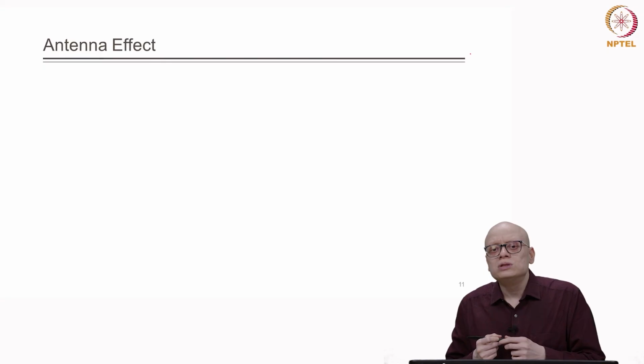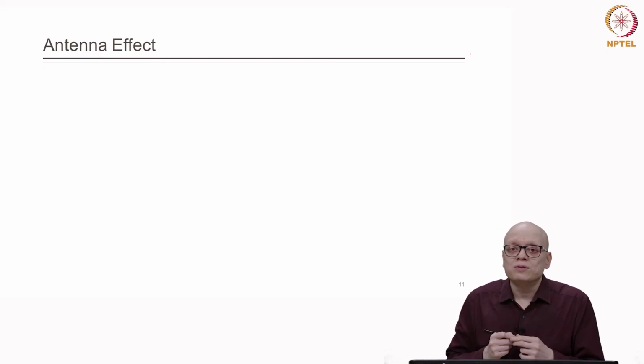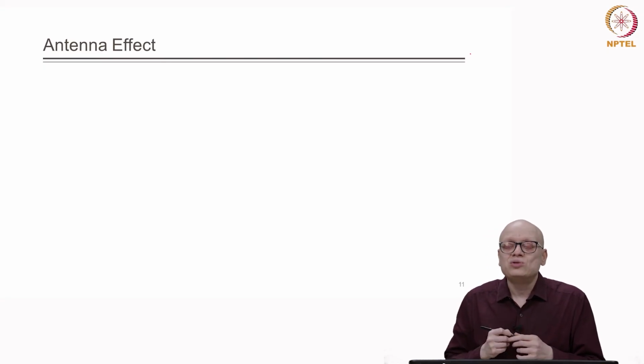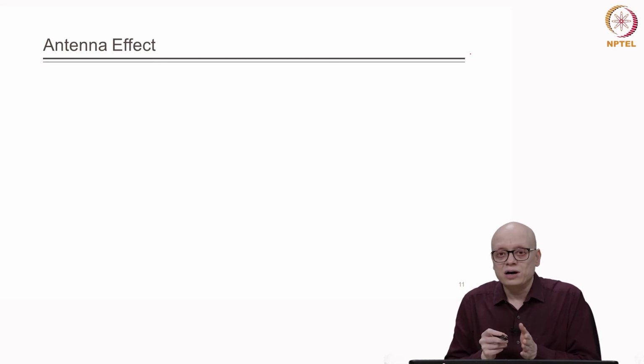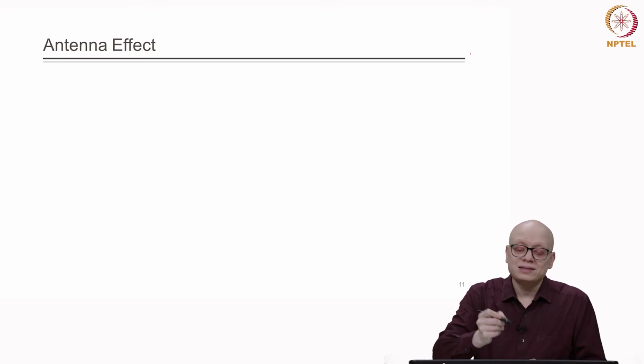In addition to the optimizations, after routing we also need to consider some other effects, or other problems that can be there in our design. One of them is the antenna effect.